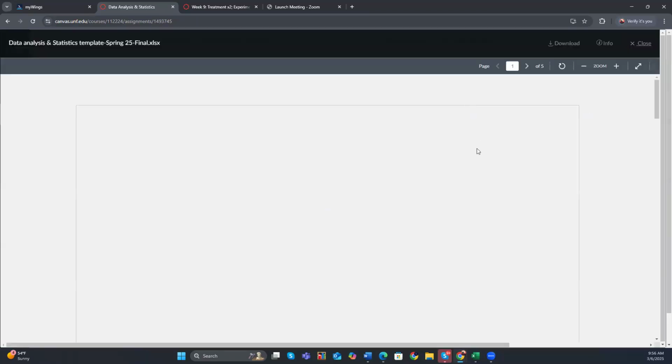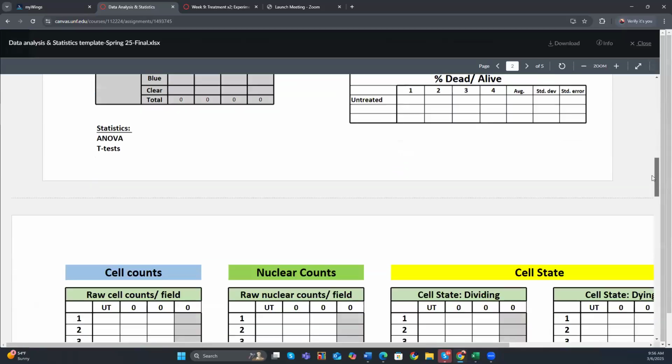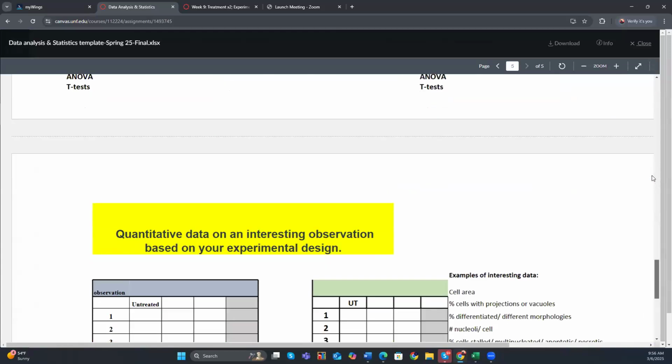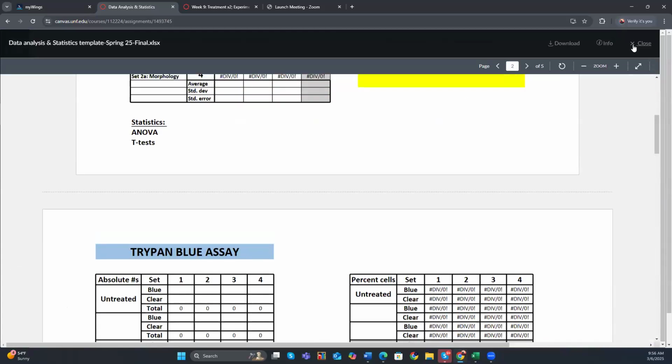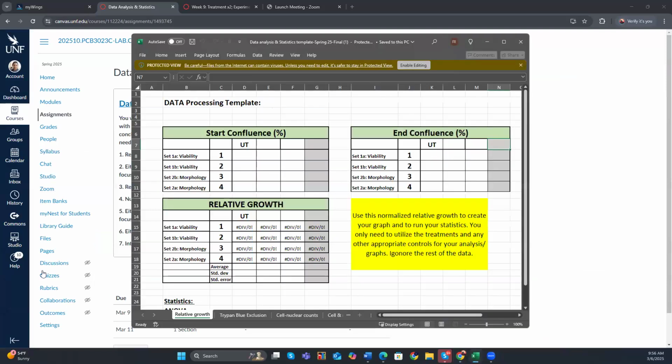Let me make sure this is the correct one because I had given them an updated version. Yep, looks like it. So go ahead and download that. Now I already have them downloaded on my end, so I can show you what to do.